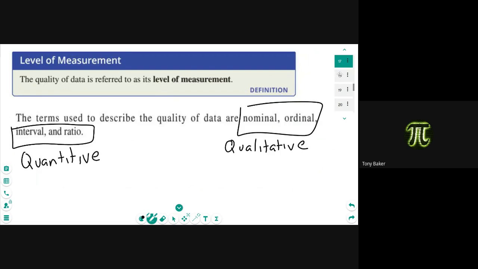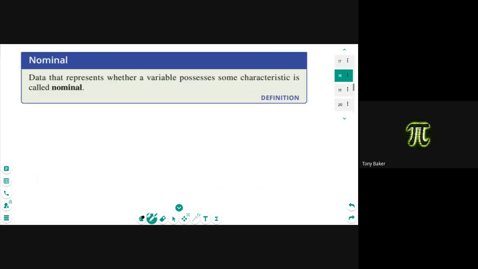All right. Nominal is just data that possesses some characteristics. So this is the very basic level. Nominal just means it possesses some characteristics. Things that typically fall in here is anything that's not a number. Anything but a number?